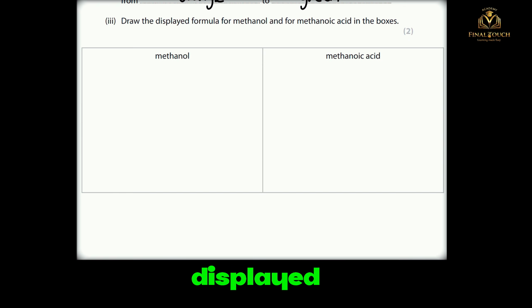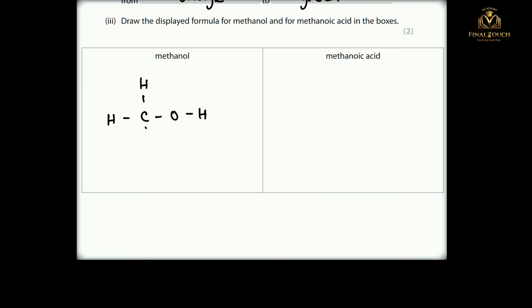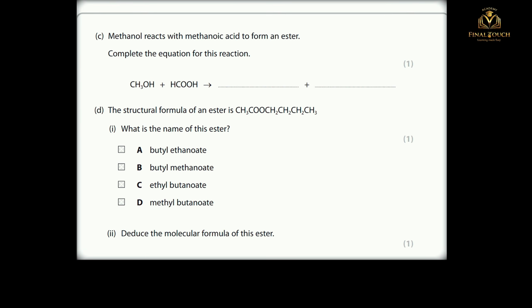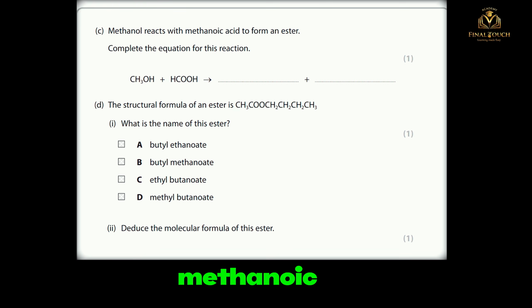Draw the displayed formula of methanol and of methanoic acid in the boxes. So methanol should be this one. And methanoic acid should be this, so that's your answer. Methanol reacts with methanoic acid to form an ester.